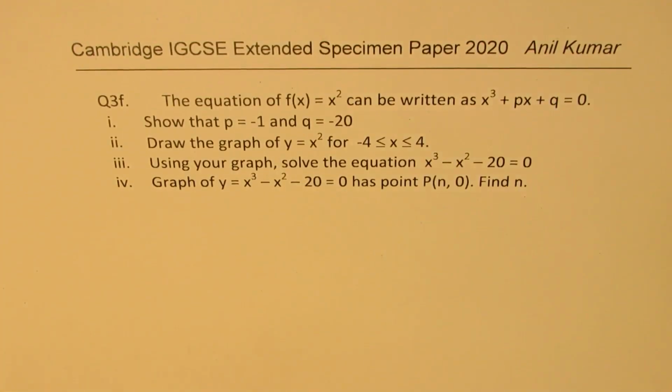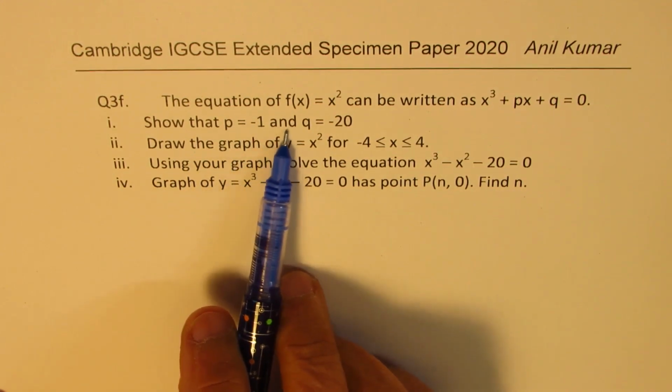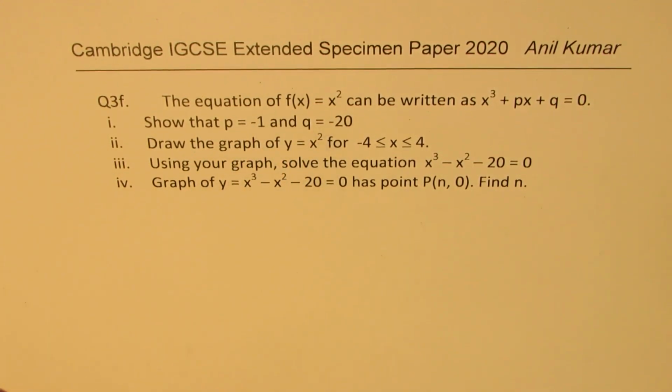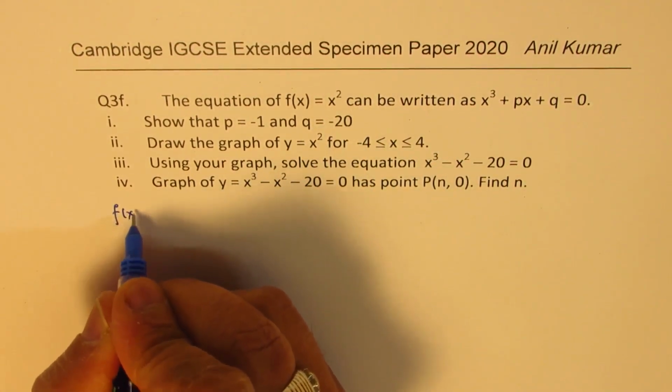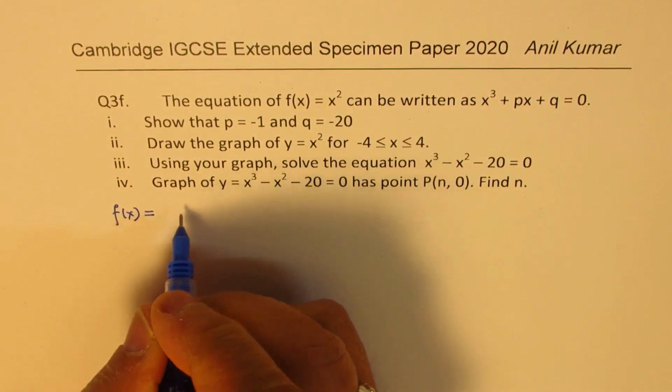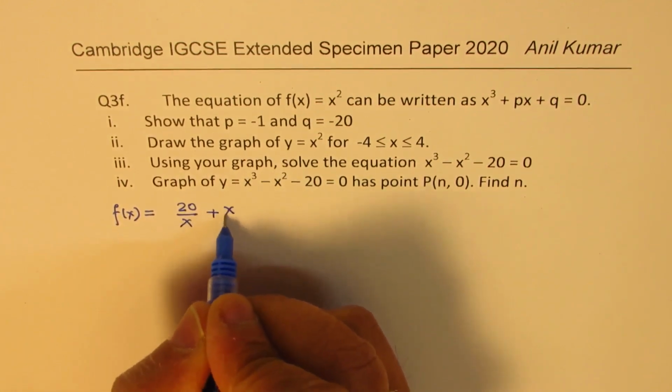The equation f of x equals x squared can be written as x cubed plus px plus q equals 0. Show that p equals -1 and q equals -20. Now, what are we given? We are given the function f of x equal to 20 over x plus x, correct?